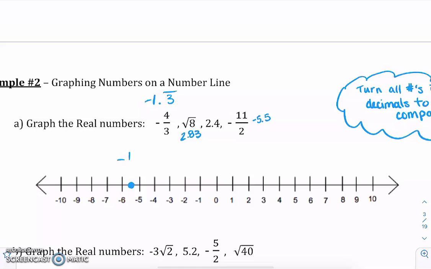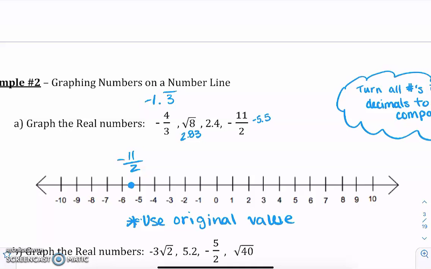But you guys need to use the original formatting. So yes, we turned it into -5.5 to compare, but you want to use -11/2 when you go to plot it.